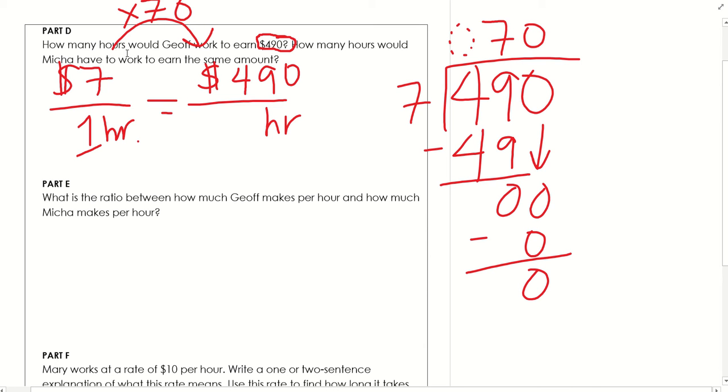If I multiply my numerator by 70, what do I need to multiply my denominator by? Please show me on your hands. What do I need to multiply my denominator by if I multiply my numerator by 70?